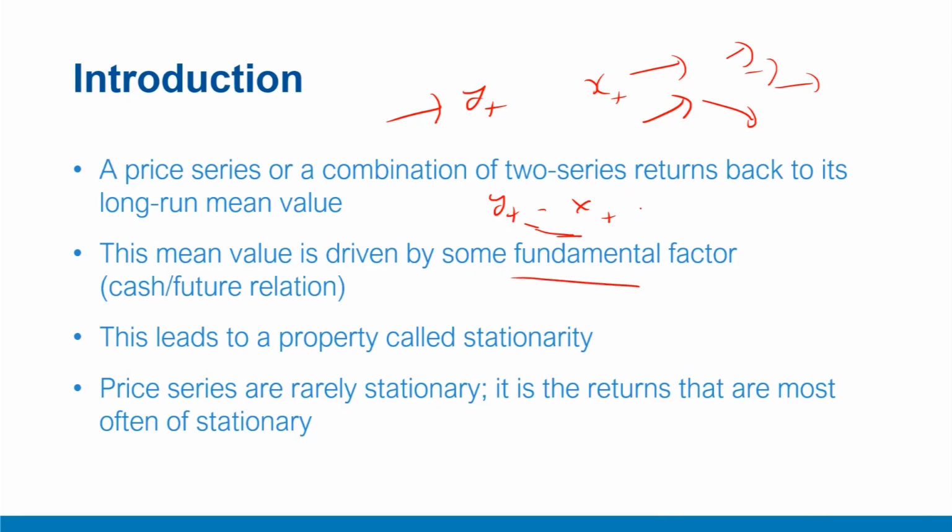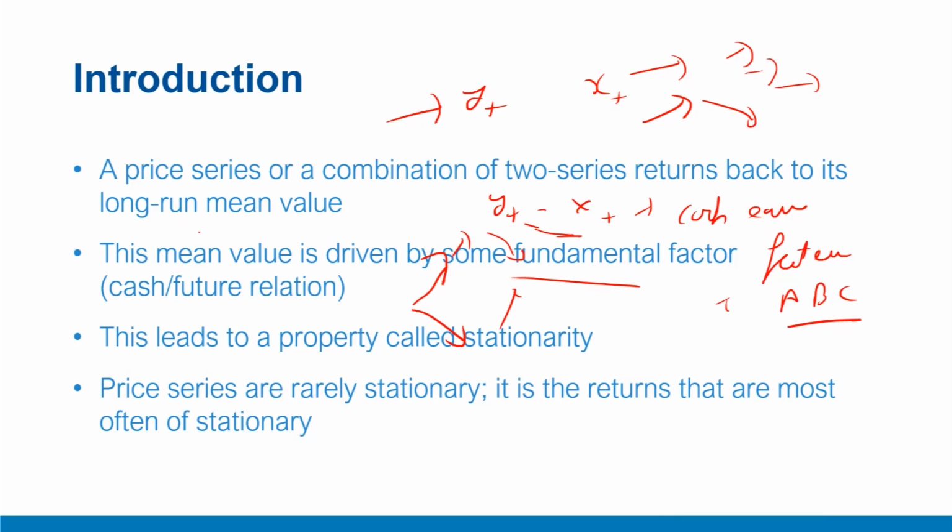Let me give you 2 examples. Think of cash, that is equity, and futures prices of the same underlying, let's say a stock of company ABC. So ABC stock and future, obviously they will not deviate too much away. In the short term, they may move a little bit away, but in the long term, they should come together.